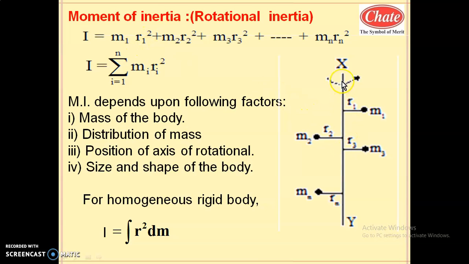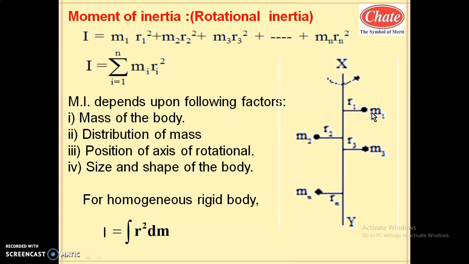Let us consider this xy as the axis of rotation, and these are the different masses: m1 is situated at a distance r1, m2 at a distance r2, m3 at a distance r3, and mn, the nth mass, at a distance rn. So moment of inertia is the algebraic sum of the moments of inertia of all n particles. The moment of inertia of the first particle will be m1 into r1 square.